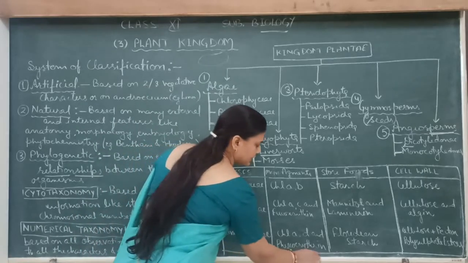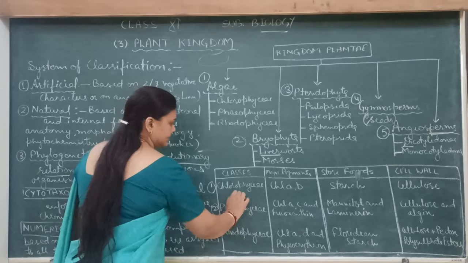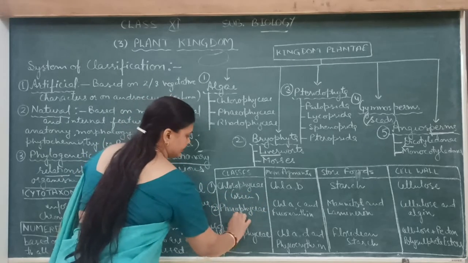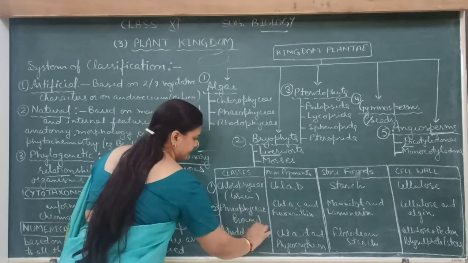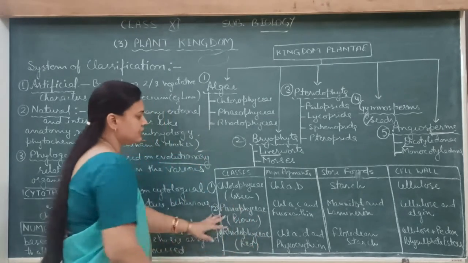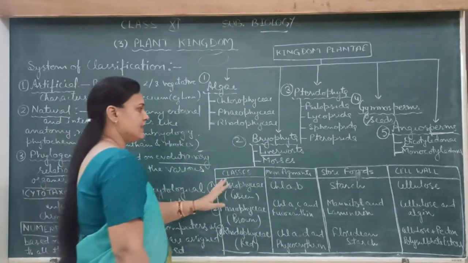Erythrin shows the red color. So Chlorophyceae is green, Phaeophyceae is brown colored algae, and Rhodophyceae is red colored algae. It is due to the presence of these different pigments.